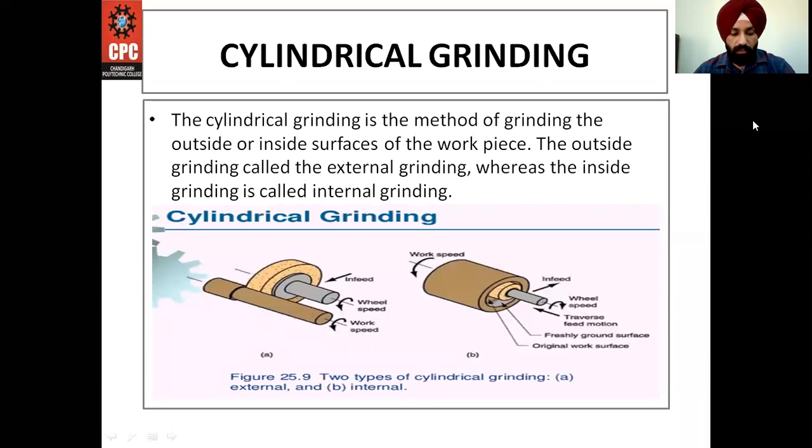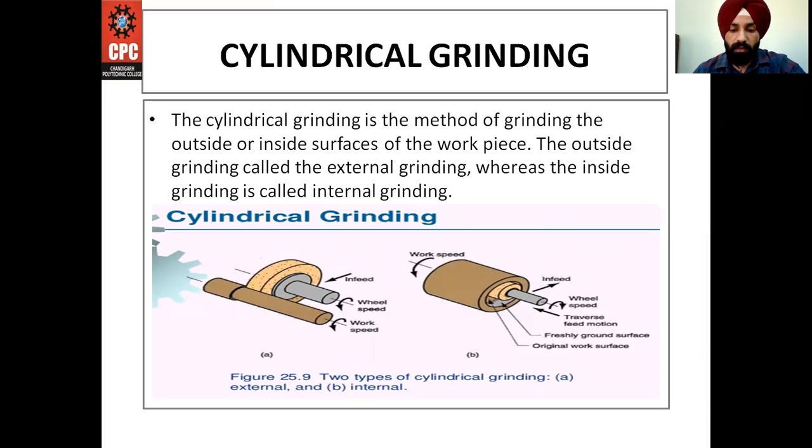The external cylindrical grinding is shown in the figure. This method of grinding is used for grinding the outside diameter of a workpiece. It produces a straight or tapered surface on the workpiece. The workpiece is rotated about its own axis between centers as it passes lengthwise across the face of a rotating grinding wheel.